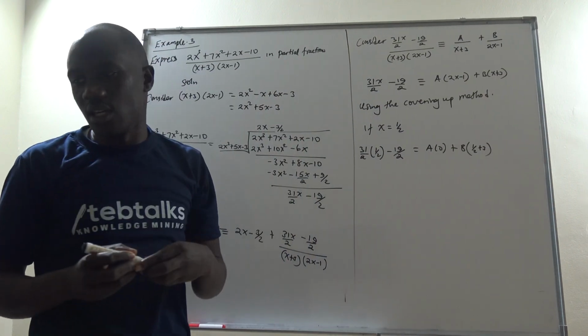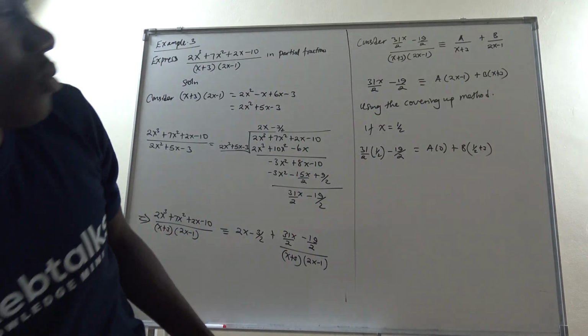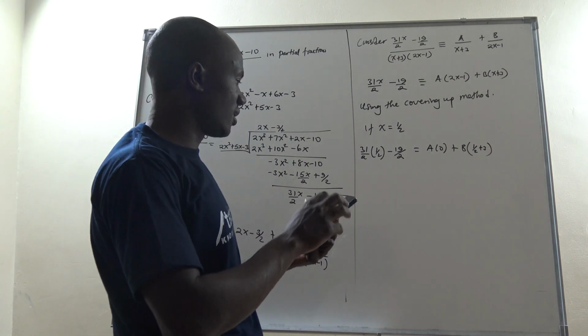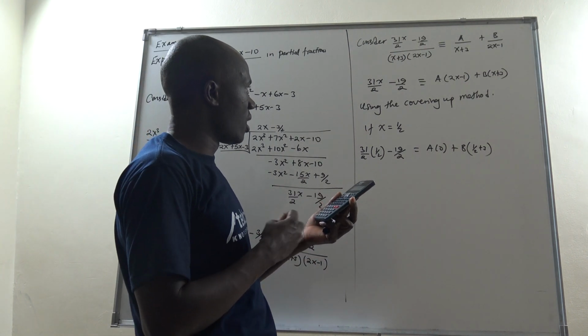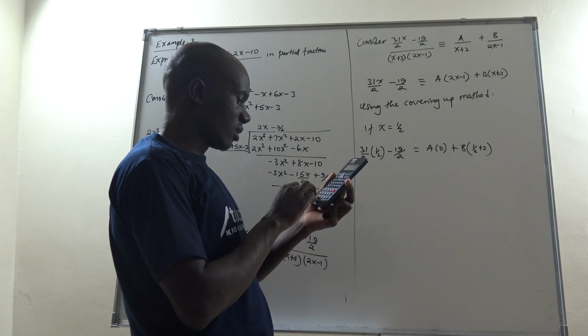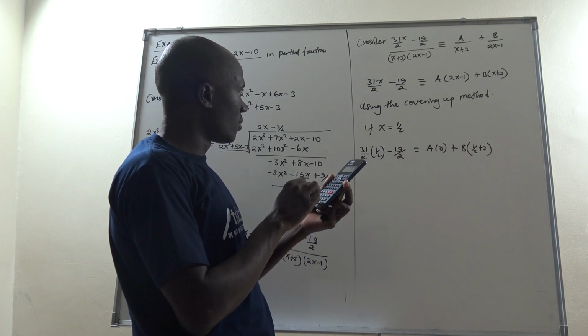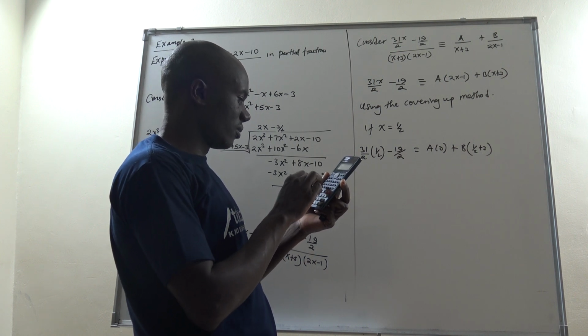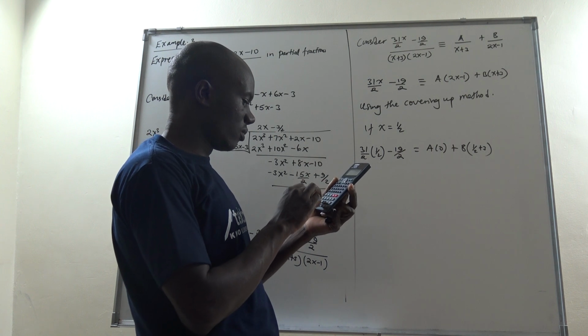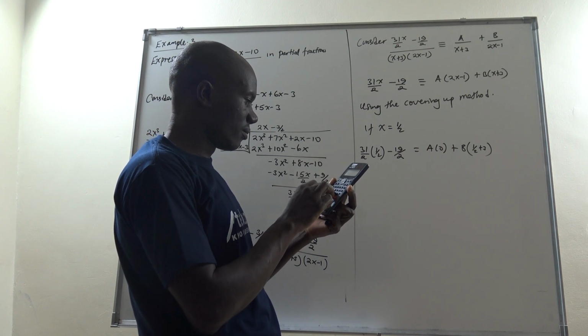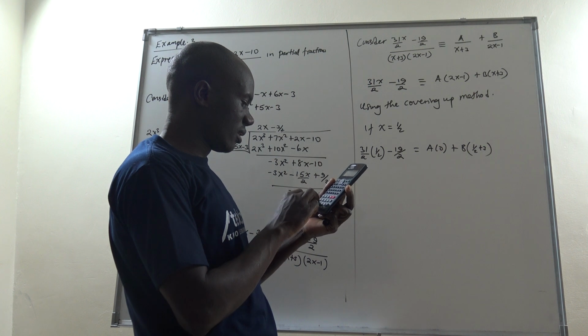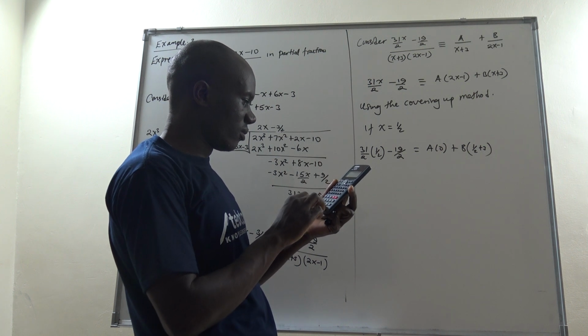We can easily use our calculator to obtain the very first. So it is 31 out of 2 into 1 out of 2 minus 19 out of 2.